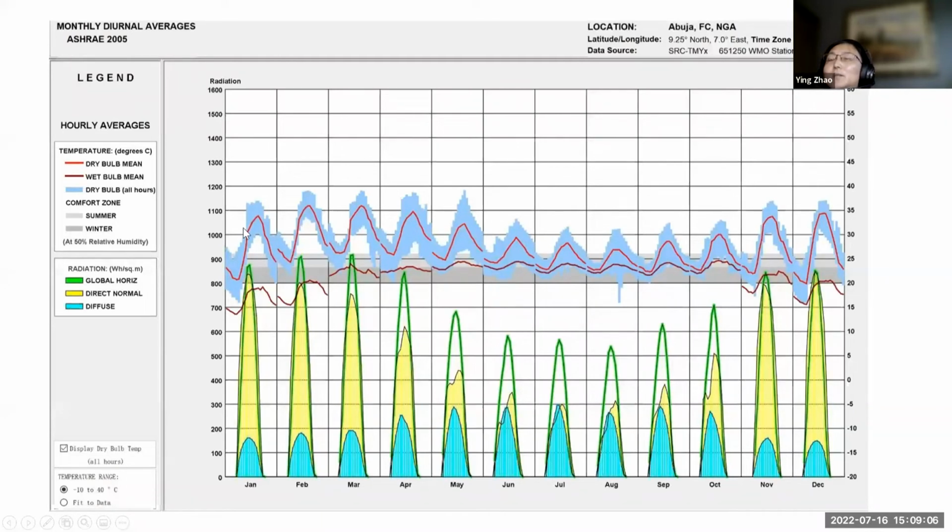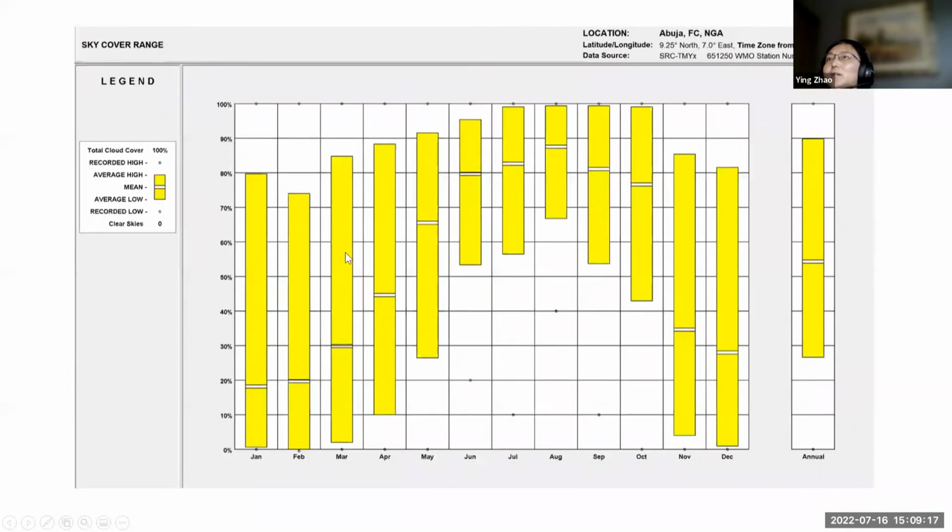Climate Consultant shows the average temperature and the solar radiation information for the whole year. And this is the sky coverage, which shows a lot of sky coverage from May to August.